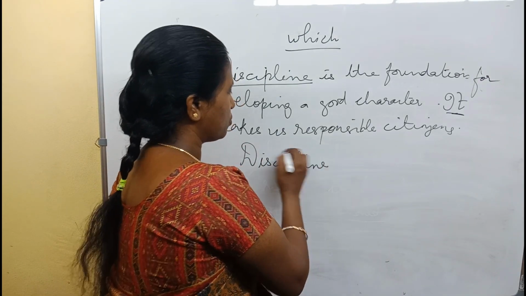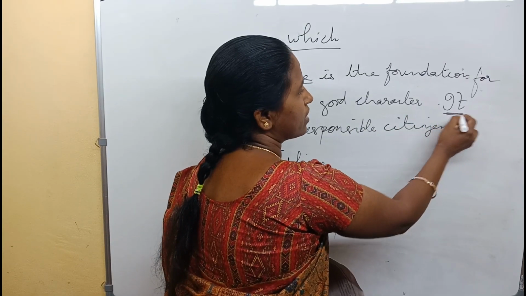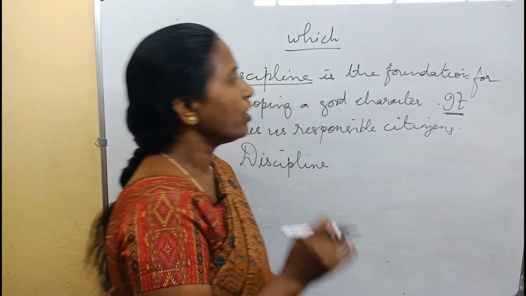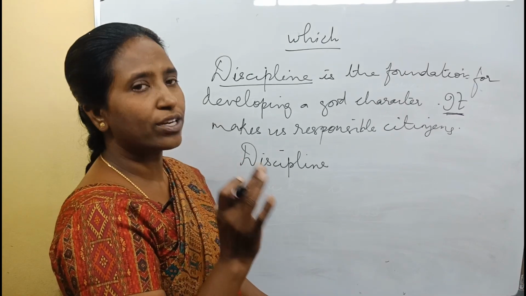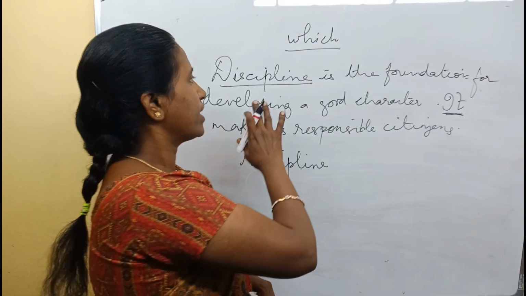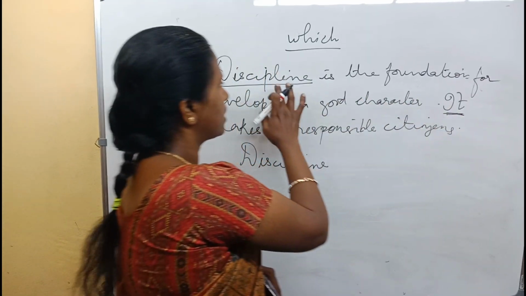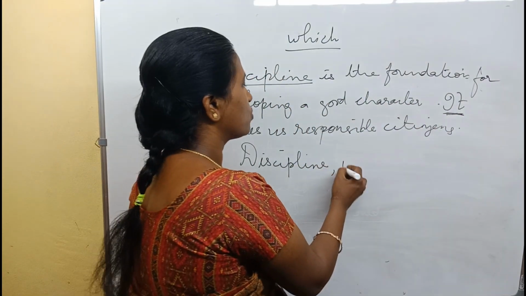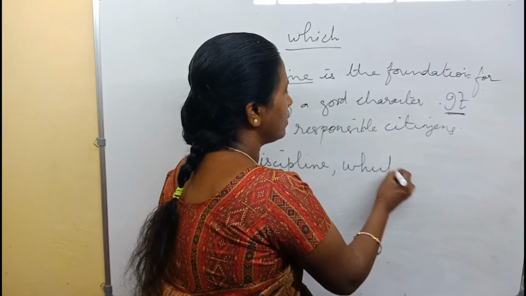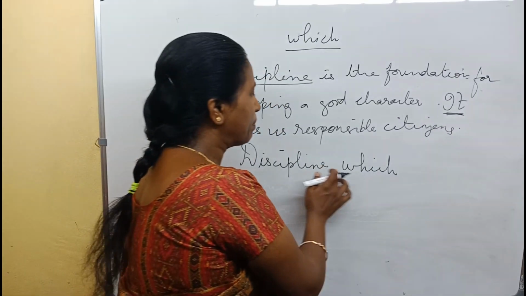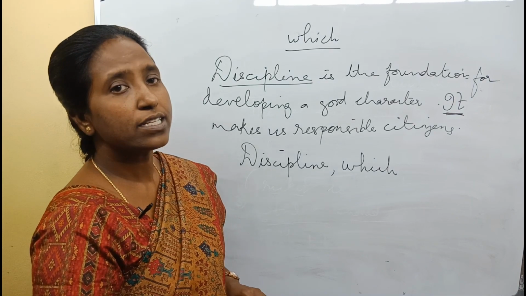Okay, so what you should do, see the second sentence. What is a pronoun? Instead of this pronoun, what should you use in order to make the correct sense? Okay, discipline is the foundation for developing a good character. It is nothing but discipline. Okay, so you should start it with discipline, and immediately after discipline you should write which.